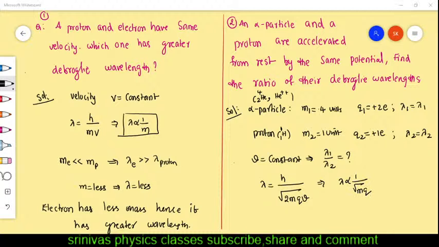Anybody gave the answer? No one giving the answer. Then we write lambda 1 by lambda 2 in the ratio form. That is, it is in the denominator, that's why m2 q2 by m1 q1 we write.